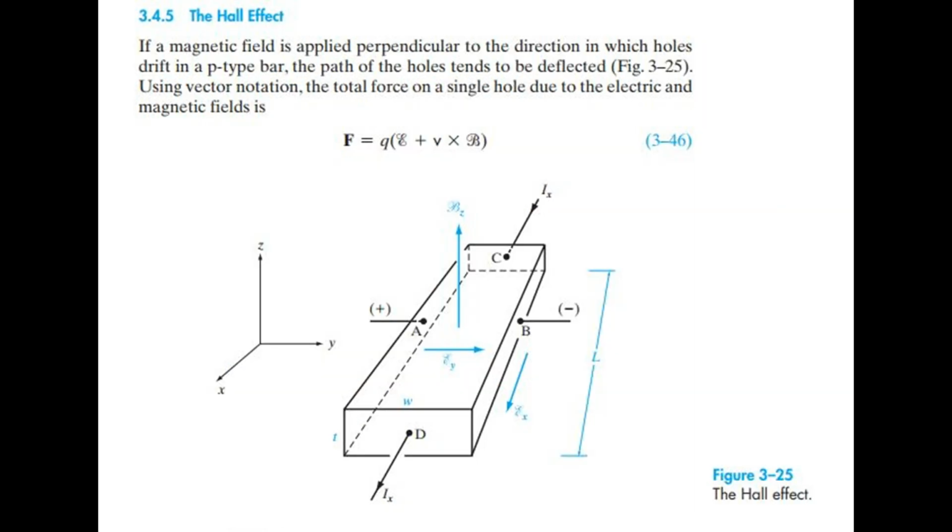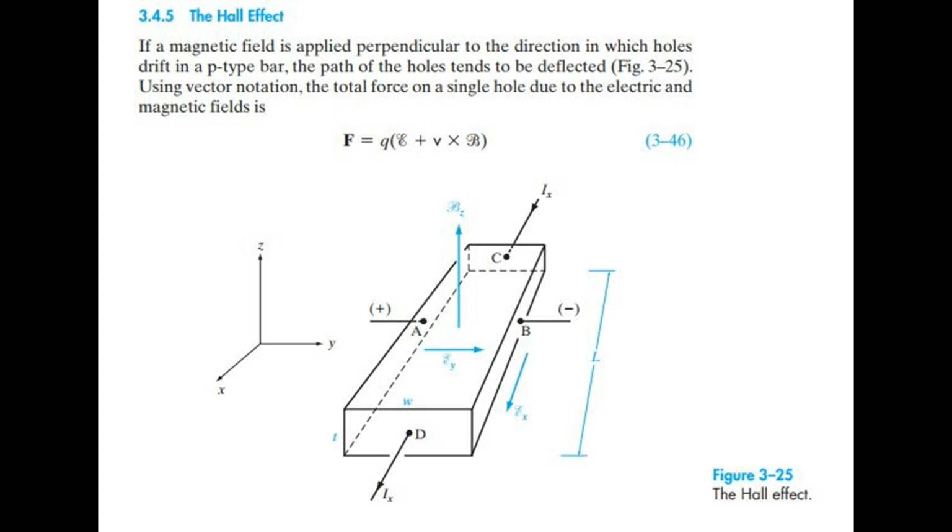The Hall effect. If a magnetic field is applied perpendicular to the direction in which holes drift in a p-type bar, the path of the holes tends to be deflected, Fig 3-25. Using vector notation, the total force on a single hole due to the electric and magnetic fields is F = q(E + v × B).